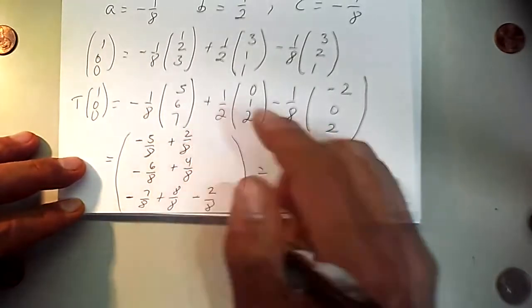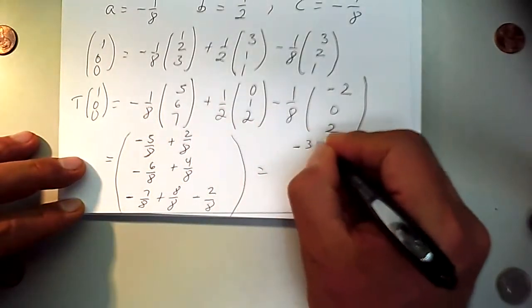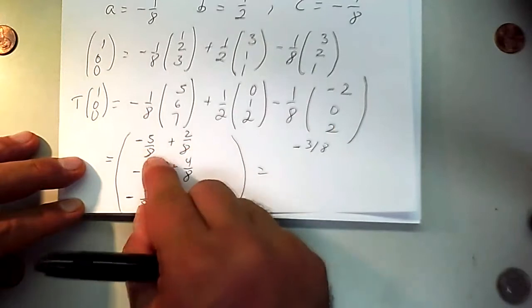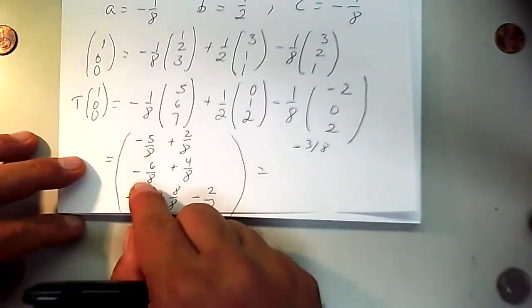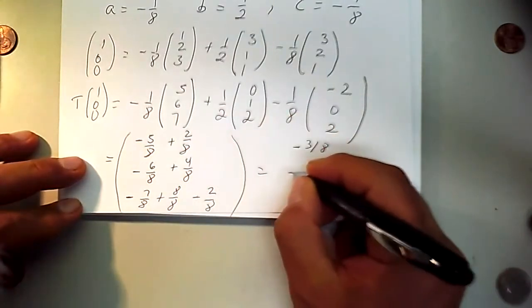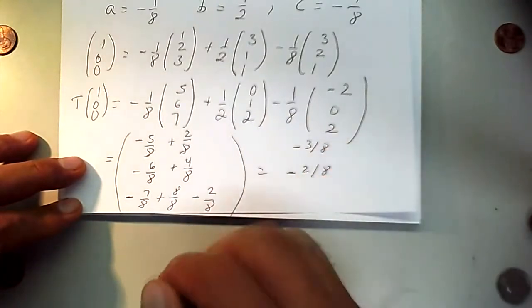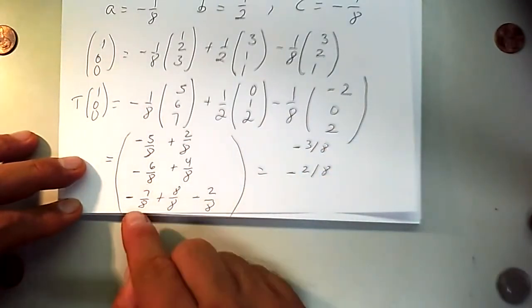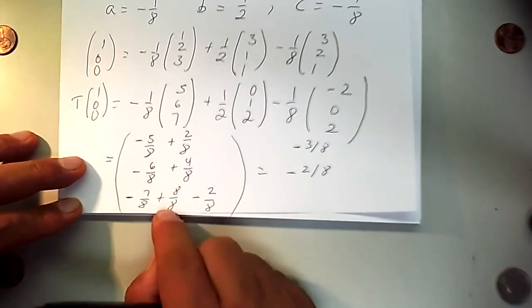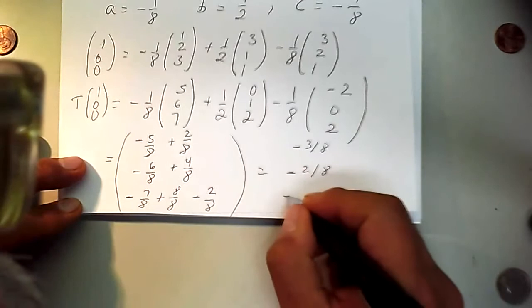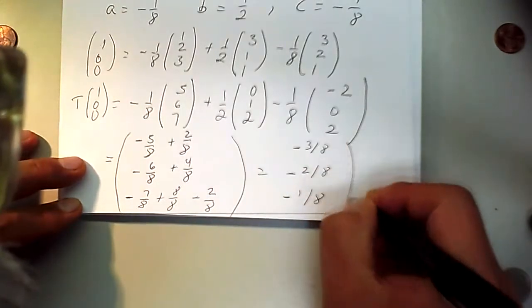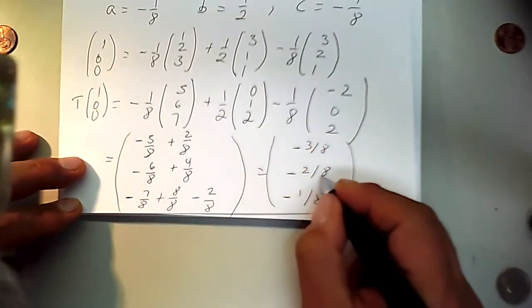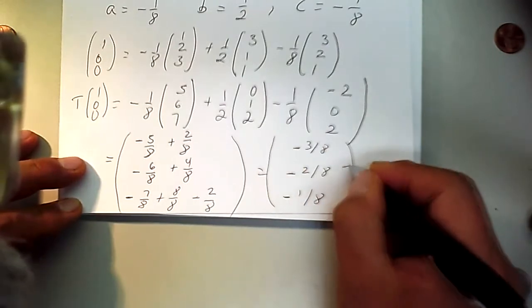So that is negative 3/8, negative 2/8, and negative 1/8. This, of course, simplifies down to negative 1/4.